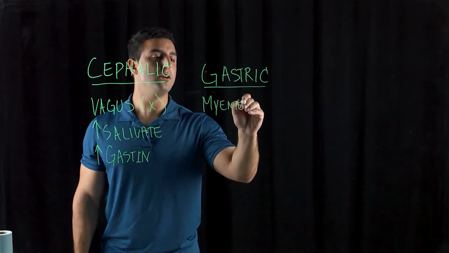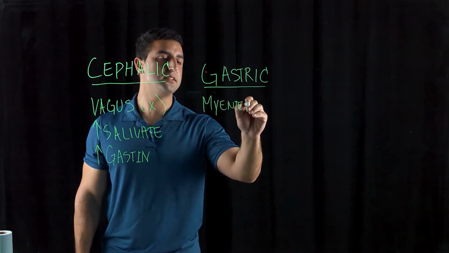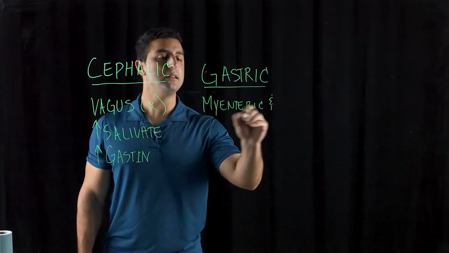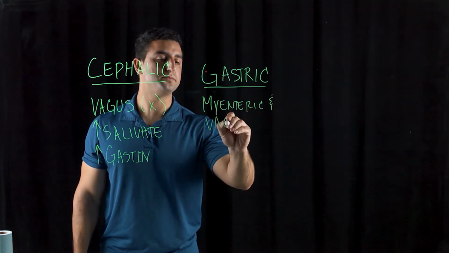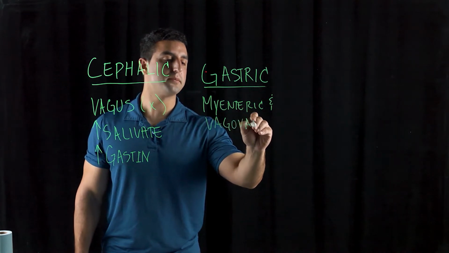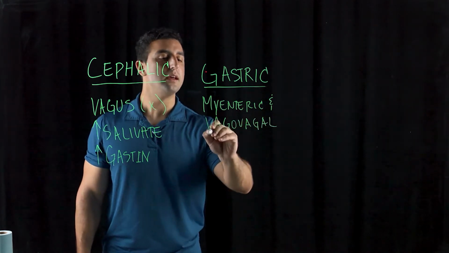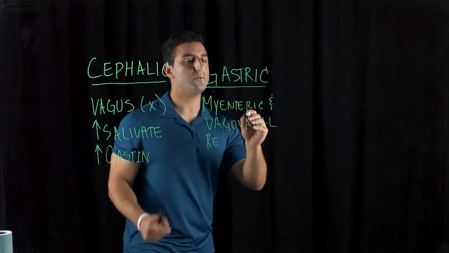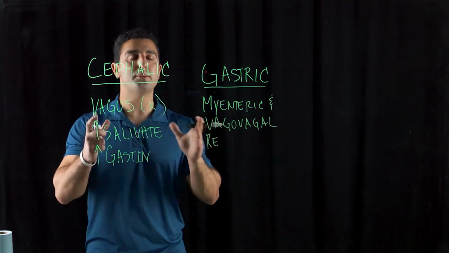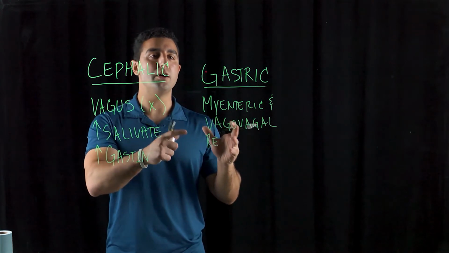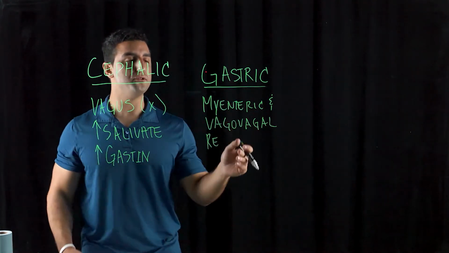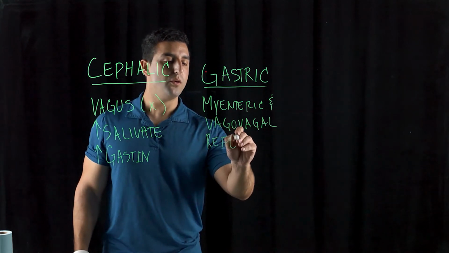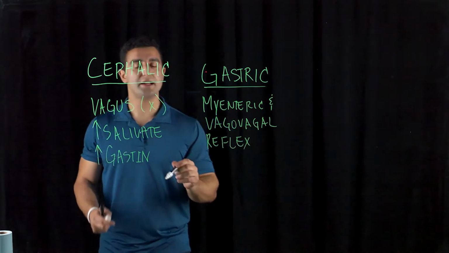Myenteric, involving all of the muscle of the digestive system, and the vagovagal reflex. Both of these reflexes allow for the proper transfer of foods down into the GI tract. What else gets secreted during the gastric phase?